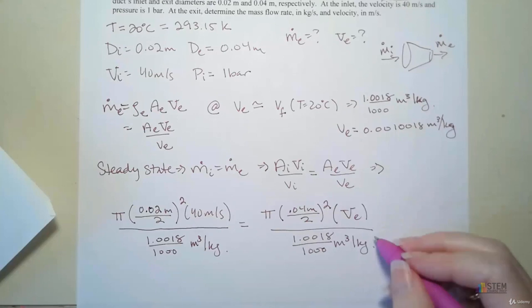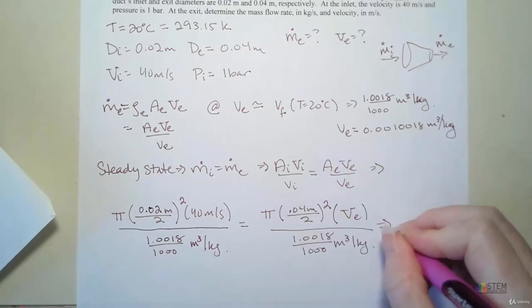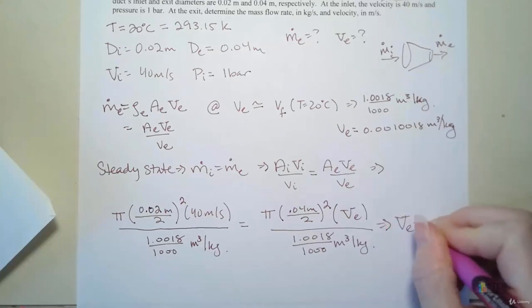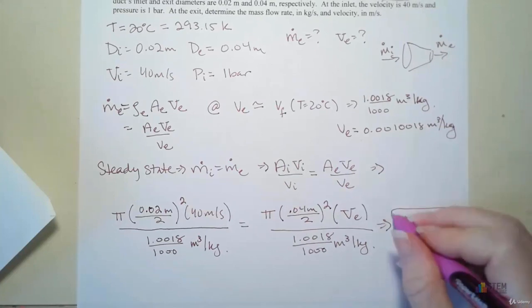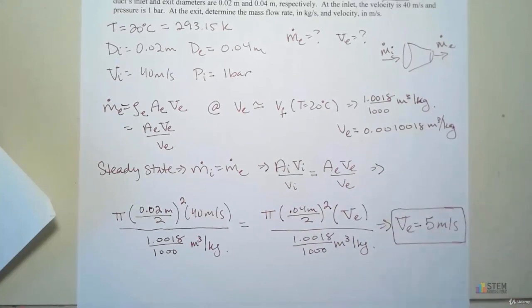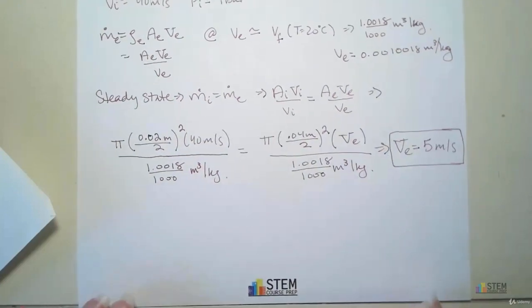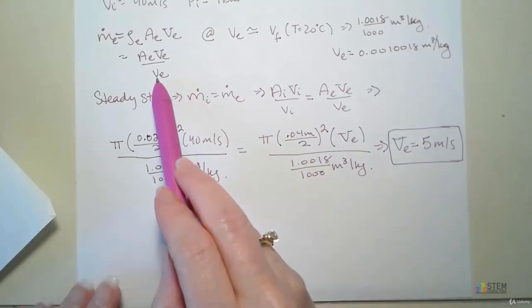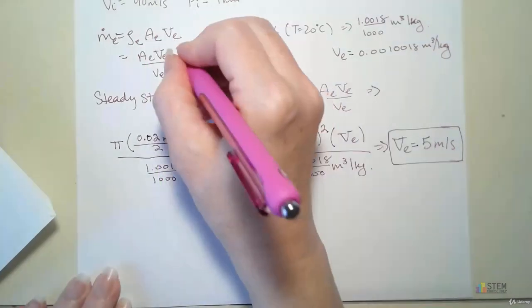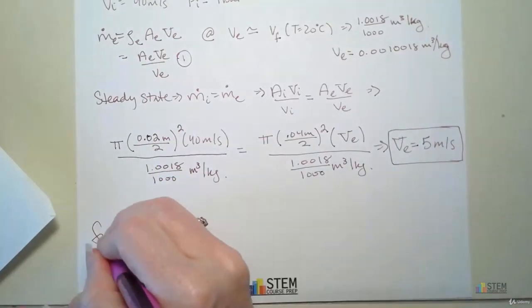Now if we go ahead and solve these equations here, we're going to get the exit velocity is going to be 5 meters per second. So now we have that. And then if we find the mass flow rate, we're just going to use this equation here. Let's call it equation 1.